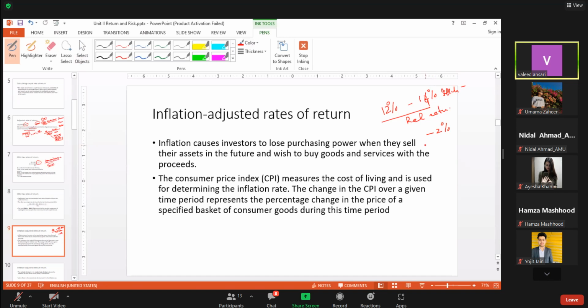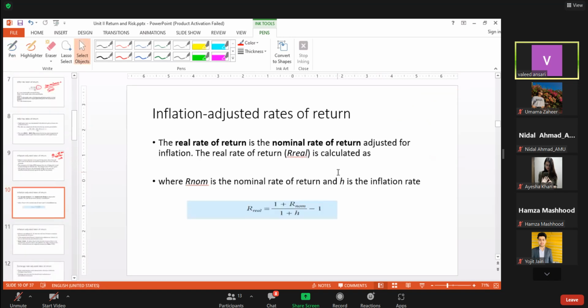For example, in recent times in India, the interest rate on bank deposits was 8%, 6%, or something like that, and the rise in inflation was much higher than that. In real terms, those persons who had made investments in bank deposits were getting a return which was not inflation adjusted. It was lower than the rise in prices. So this is also important, that when we are looking at real return, we look at this also.